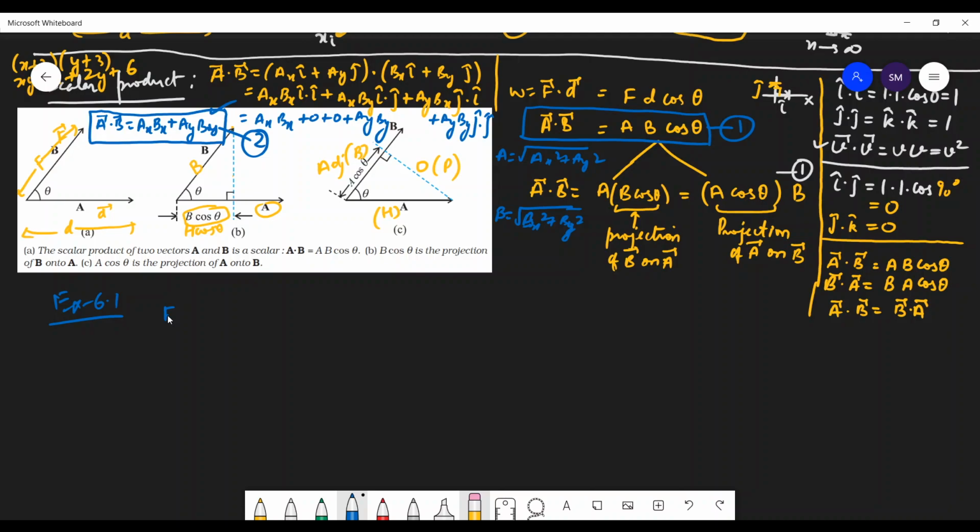So root 50 into root 50 into cos theta is equal to fx dx, means 3 multiplied by 5, which is 15, plus fy dy, 4 multiplied by 4, which is 16, plus fz dz, that is minus 5 into 3, so that is equal to minus 15. So plus 15 minus 15 cancels out.